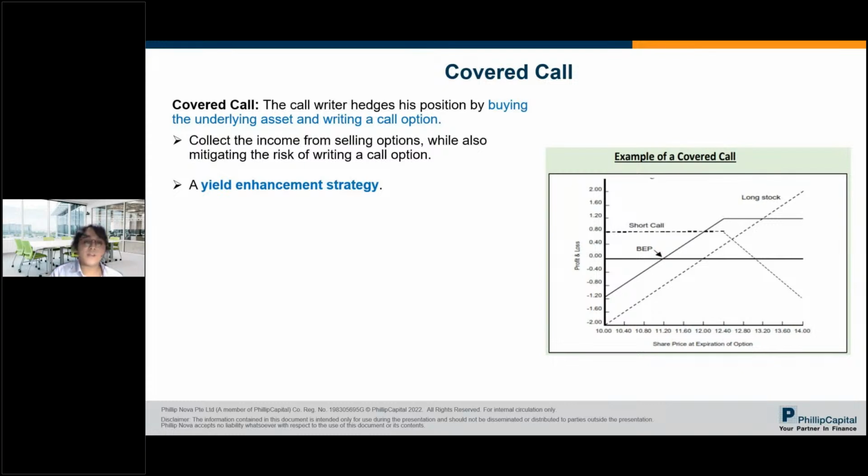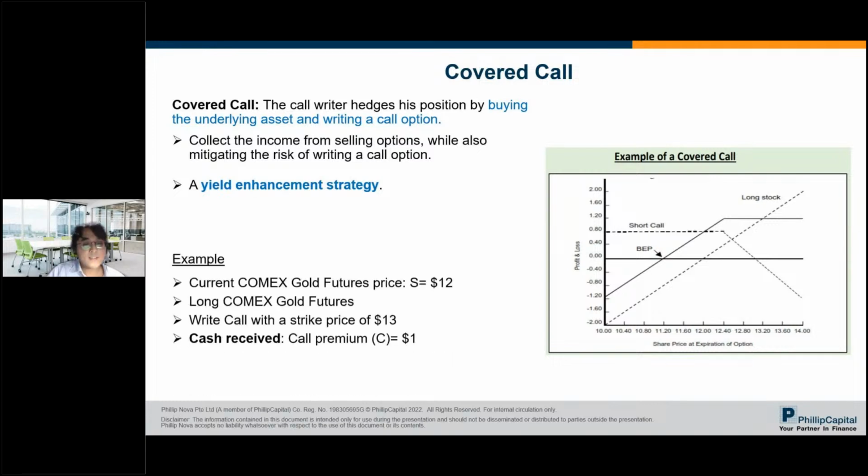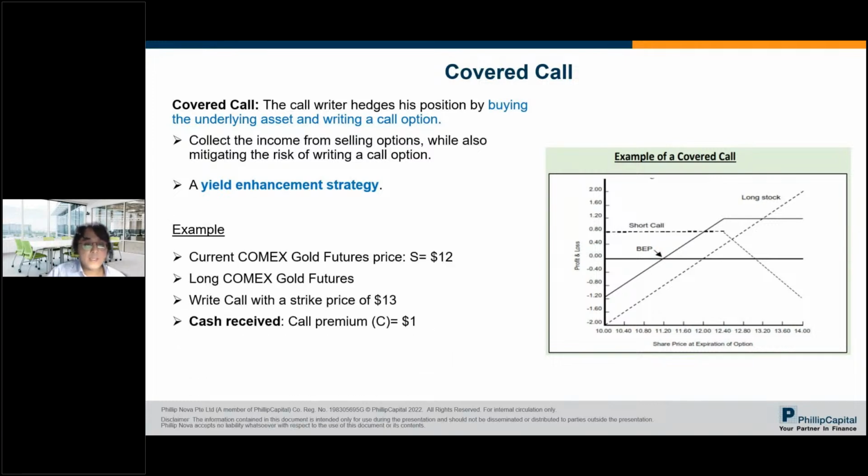And this risk that I'm talking about is the unlimited risk involved due to the theoretical loss that you see when the prices of the underlying rise. And we essentially call this covered call, which can be referred to as well as a yield enhancement strategy. So for example, the COMEX gold futures price again will be $12.